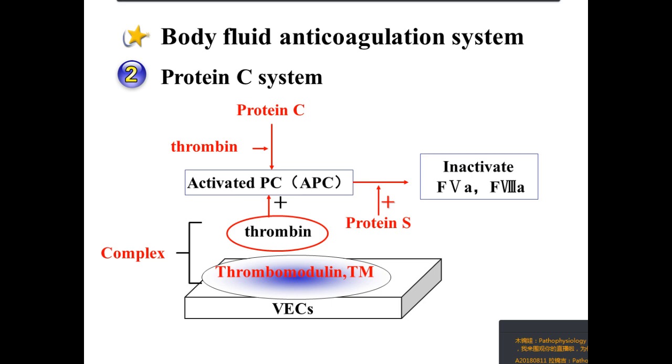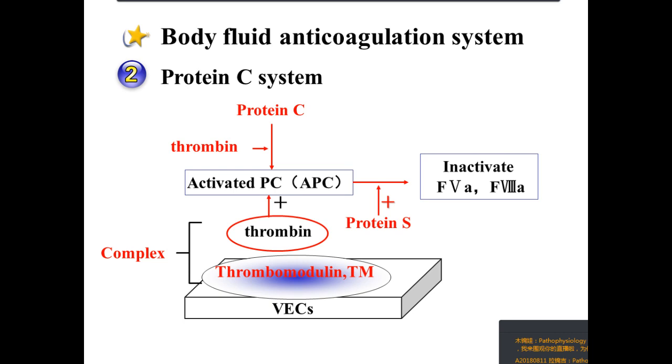APC can inhibit the activity of coagulation factor 5 and factor 8. If factor 5 is inhibited, factor 5 and factor 10 can't form a complex, and the complex next stimulates prothrombin. So APC can inhibit the intrinsic and extrinsic coagulation pathways.